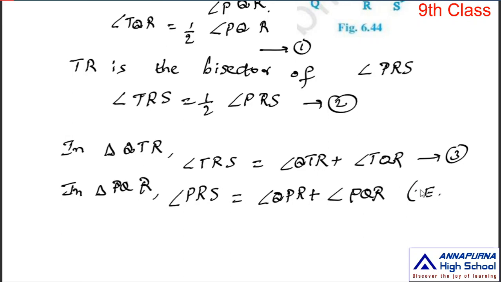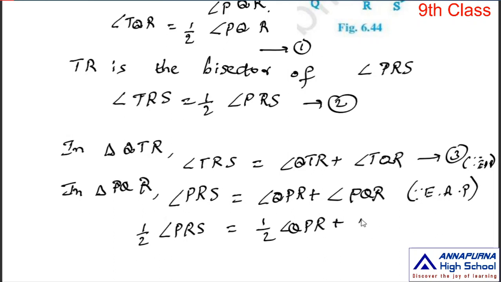Multiply by 1/2 on both sides of the above equation: half into angle PRS is equal to half into angle QPR plus half into angle PQR.